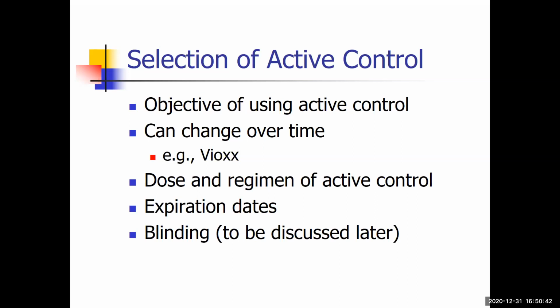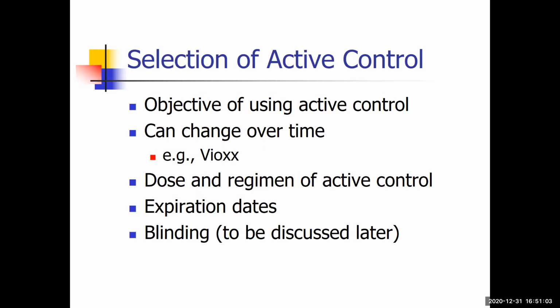Now, when we did this from the local pharmacy, since they don't sell us their active control, we go to the pharmacy and try to do the blinding and run the trial.